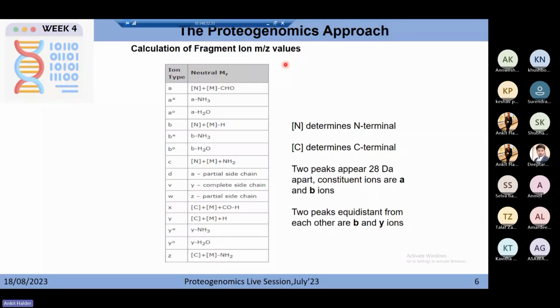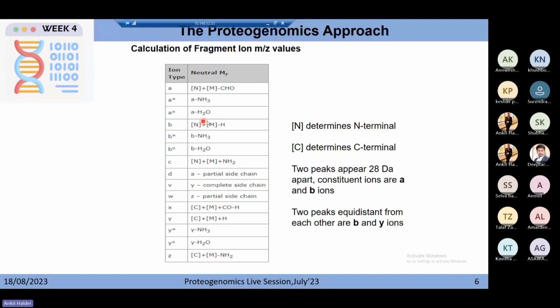This is how the fragment ion m/z values are generally calculated. A ion, type A, is the neutral M, where N determines your N terminal and C determines your C terminal amino acid mass. A minus NH3, or a loss of H2O, can also be there.